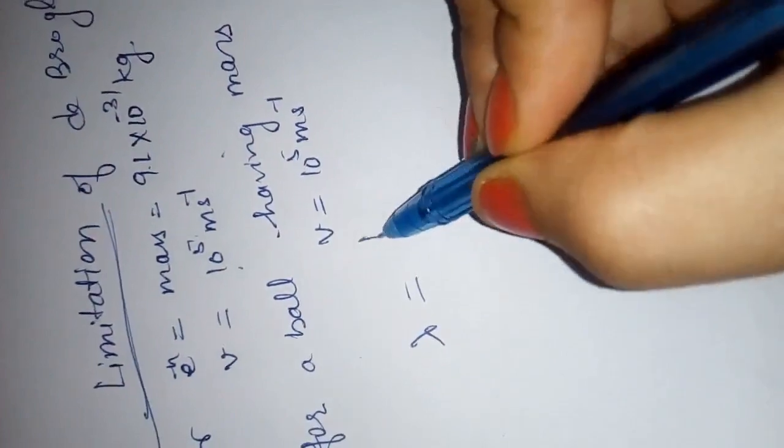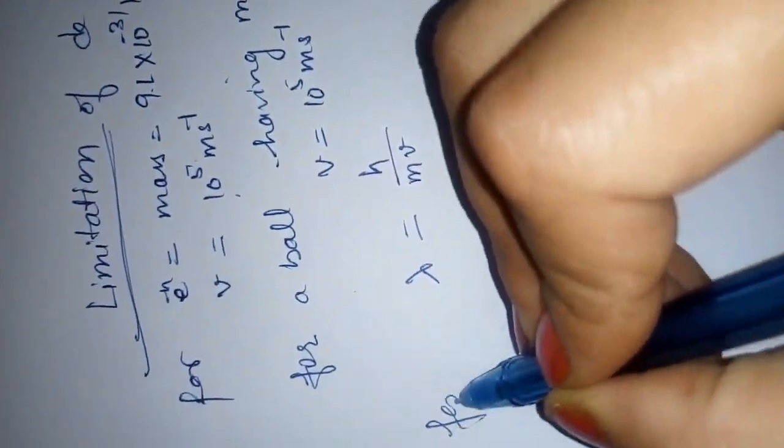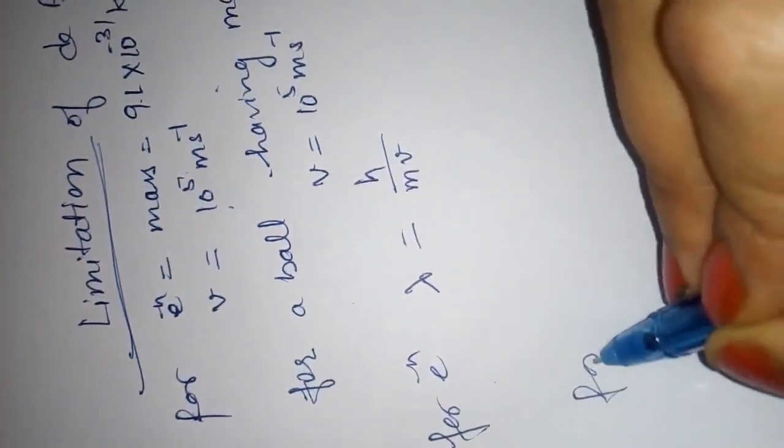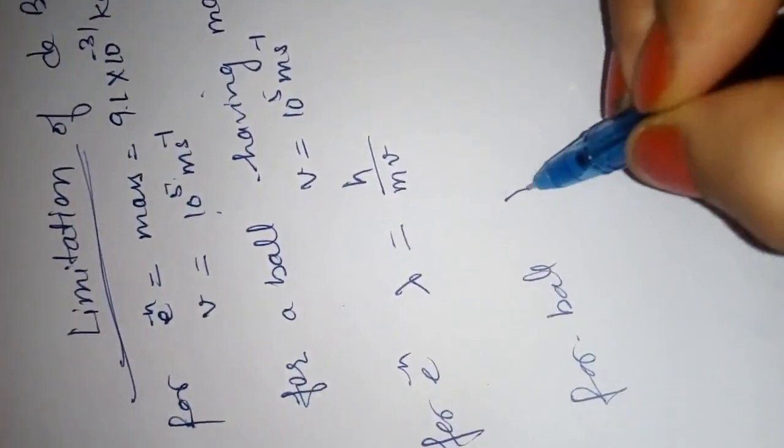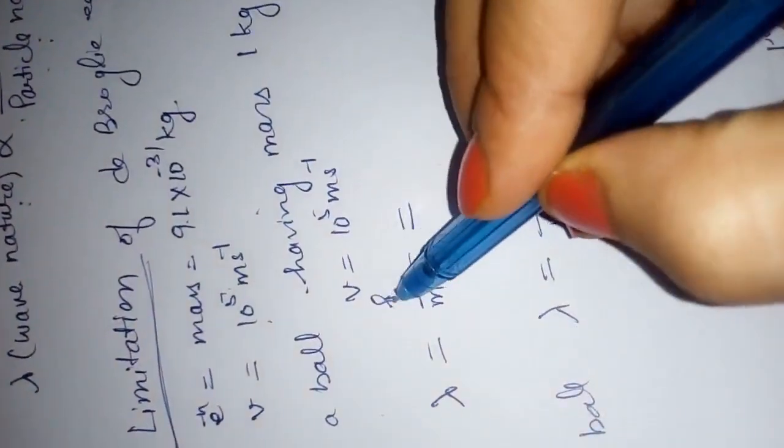So the de Broglie equation is lambda is equals to h upon mv for the electron, and for the ball it will also be h upon mv. Just write the values.